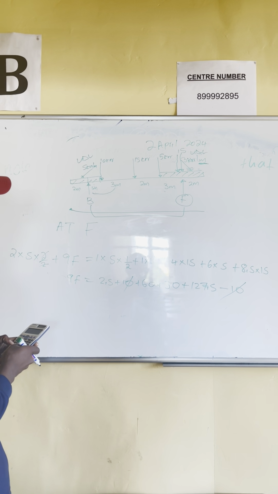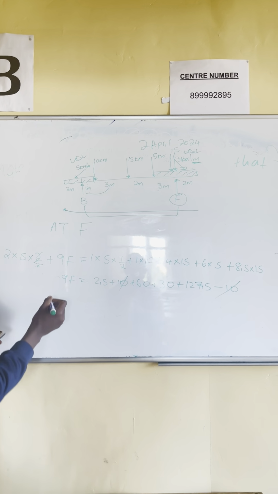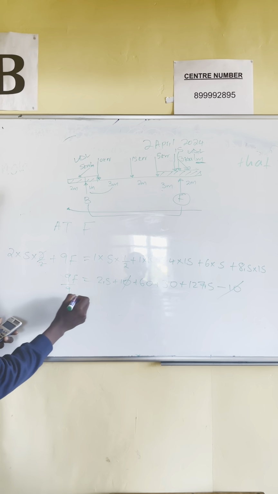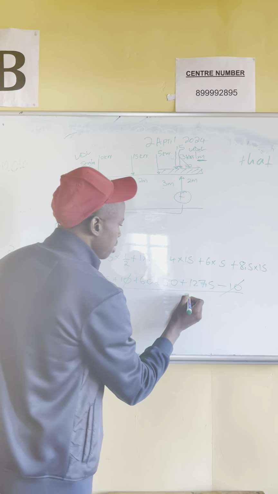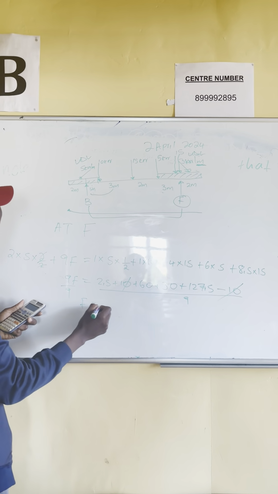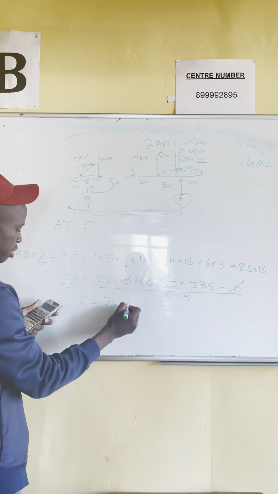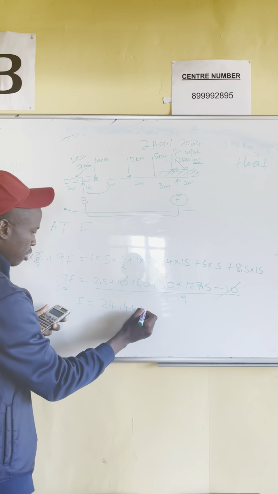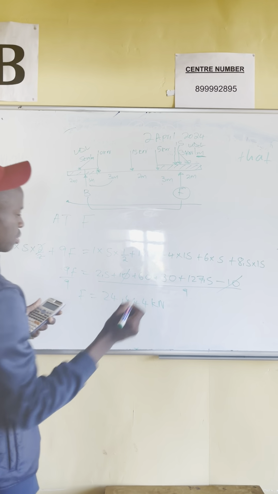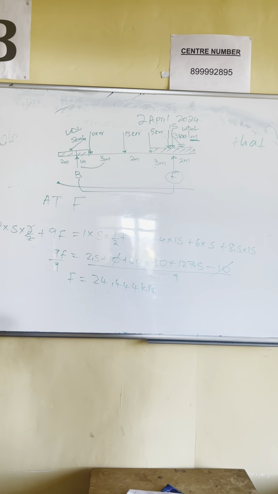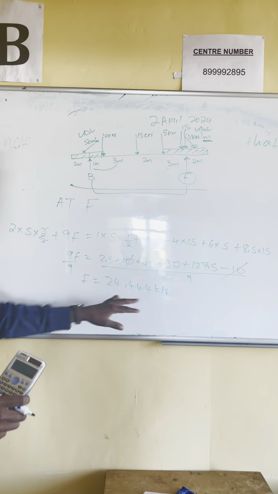Divide by 9, here if we divide everything by 9 like this, we get our F as 24.444 kilonewton.